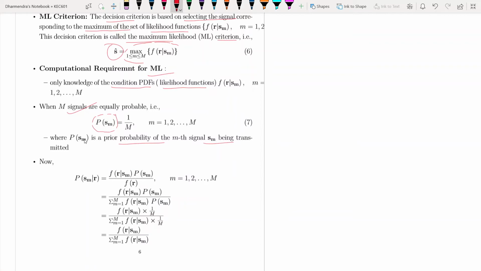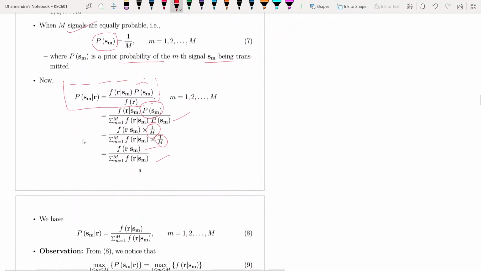Substitute this in the a posteriori probability and we can expand it. Now I replace this with 1 by M, here also 1 by M. It is constant, so it cancels out, and now we will have this expression.